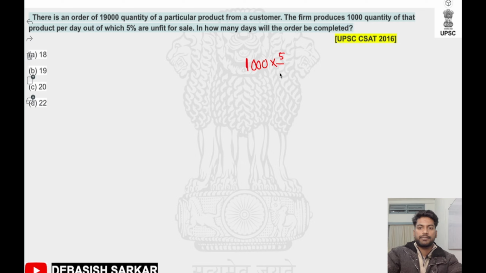So 5% means what? 50 unfit. It means every day they are producing 950 quantity. 950 quantity. Okay? 50 is unfit out of 1,000. And if you have to complete the order of 19,000.